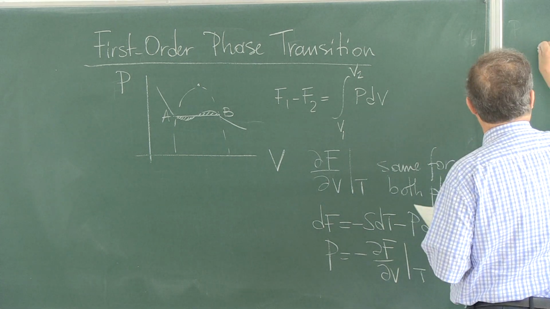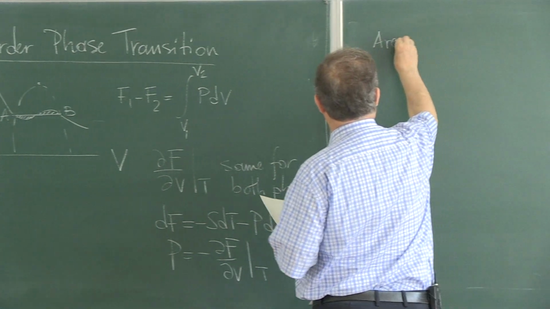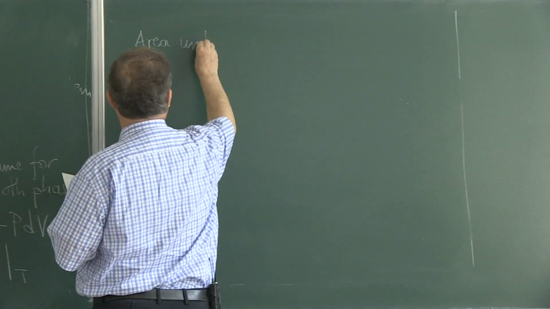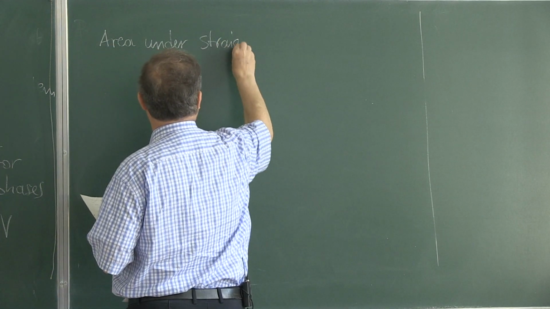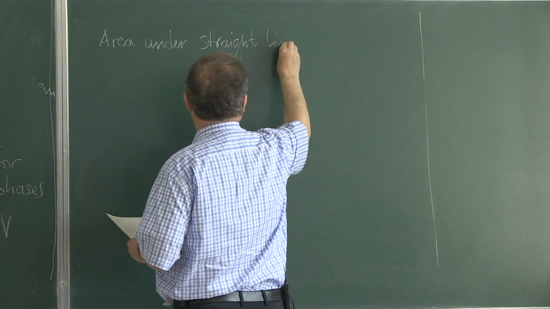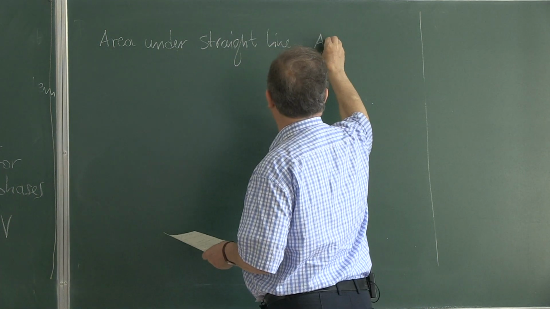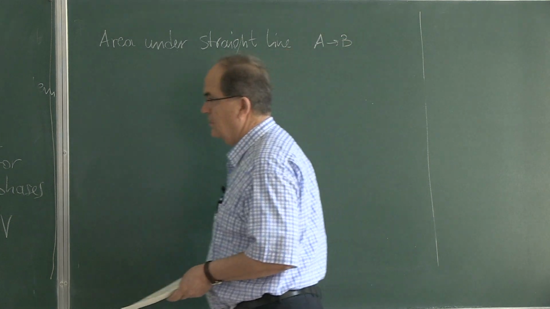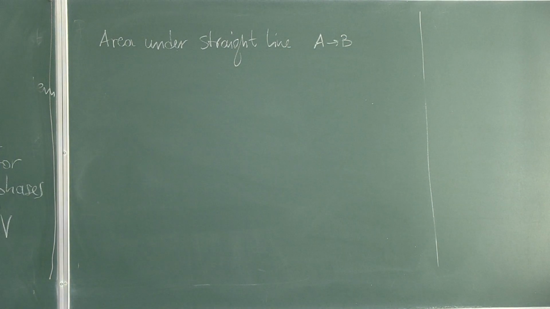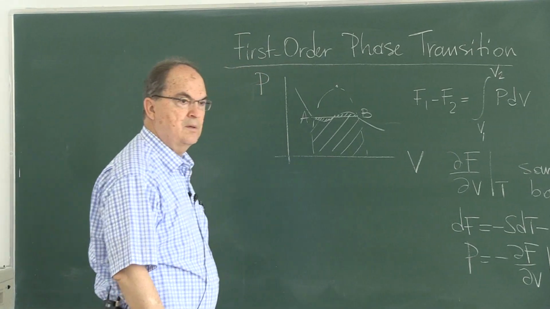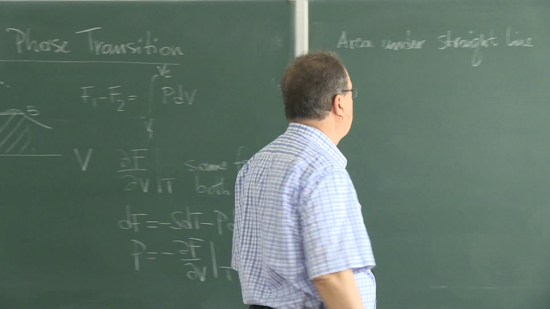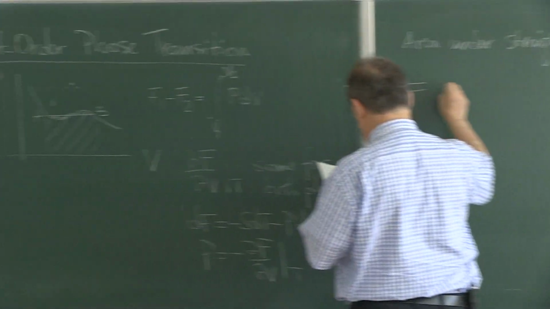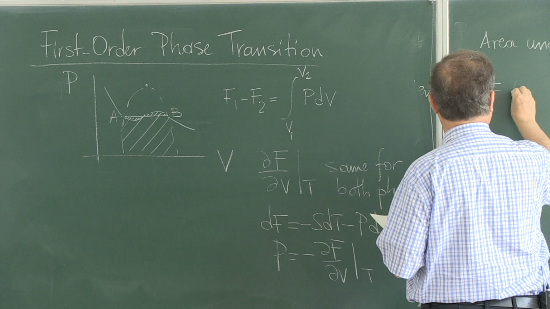What you are doing is considering the area under the straight line joining A and B. So it gives you this, isn't it? Straight line. Yeah, you are making this equal to the area under the van der Waals curve.